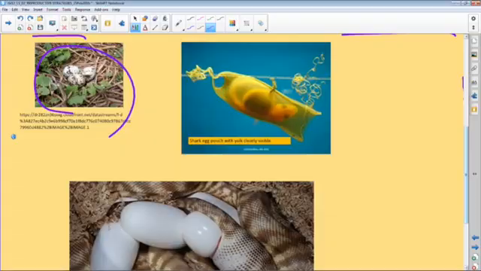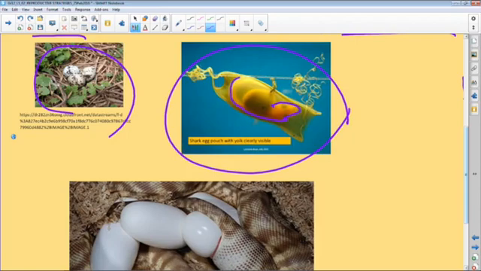Okay. The next one I'm having a look at here. This is cool. Now I want you to have a good look. Yes, you can see the whole egg, but I want you to have a look here. Look at this piece here. It goes all the way there and back. Okay, and there's one eye, and there's one eye.